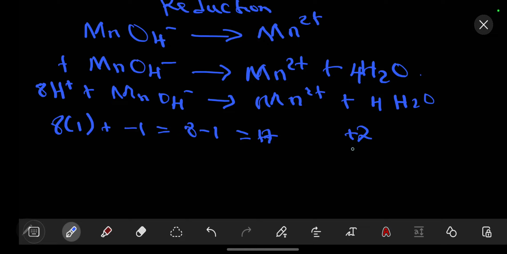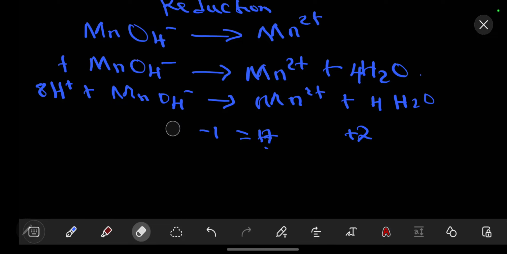So I need to add electrons, because the 7 and the 2 are not equal. They must be balanced. What I simply do is form a simple equation.